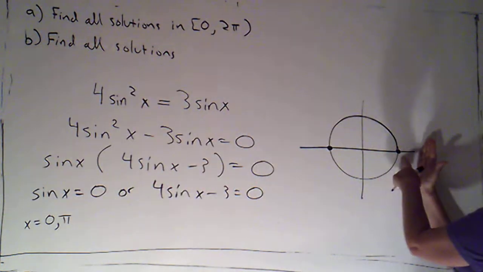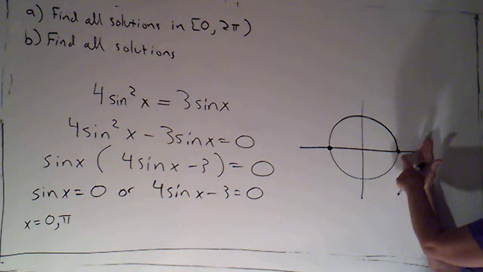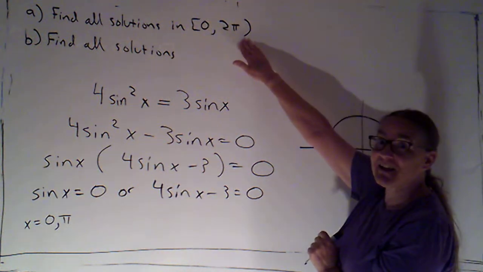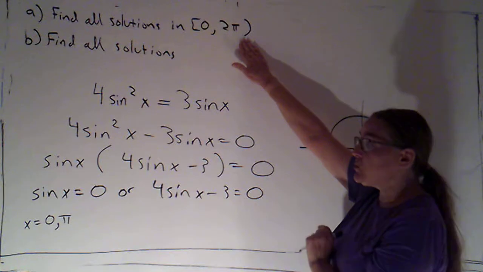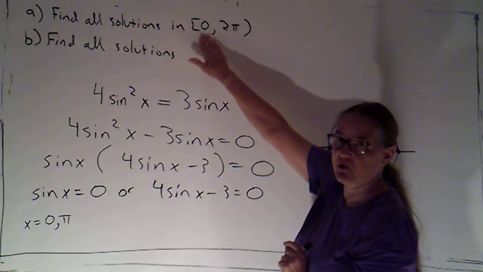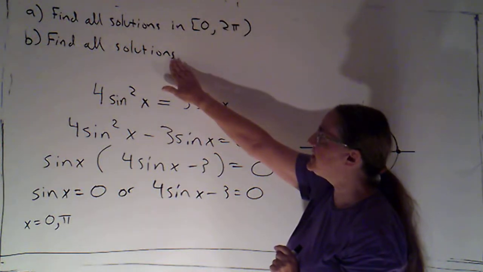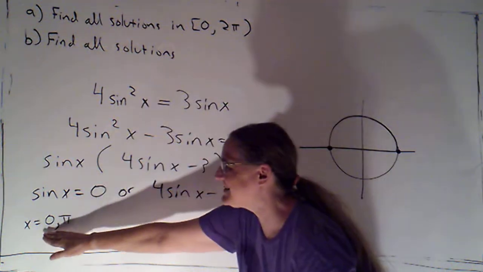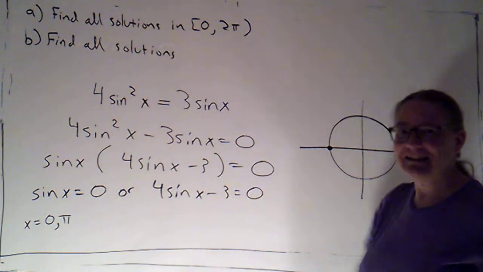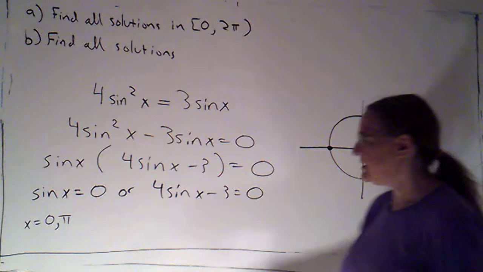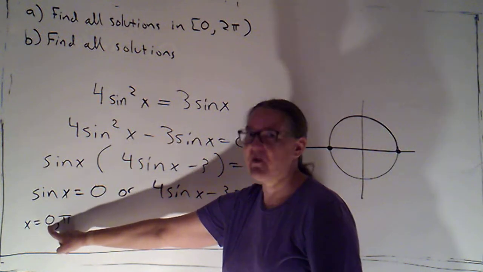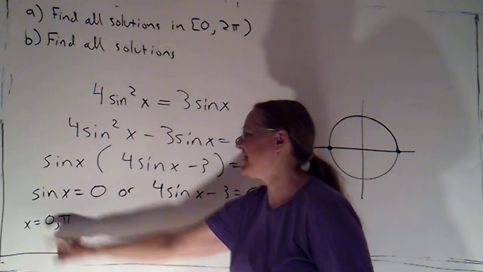Now, of course, this point corresponds to 2 pi as well, but that's not in this interval. And the reason we don't include it is because it's coterminal with 0. So when I move on to get all solutions, I'm going to take these solutions and add a multiple of 2 pi to them. That's going to give me 2 pi if I take 0 plus 2 pi.